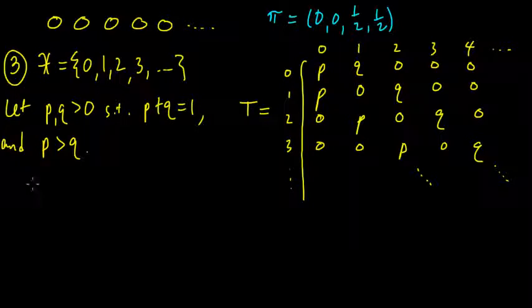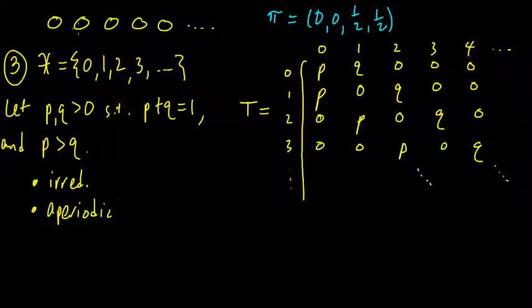And I will just state the properties of this guy. So this one, it turns out, is irreducible. And that's easy to check. I think it's pretty clear. You can get from any state to another state. There's some path getting there with positive probability.